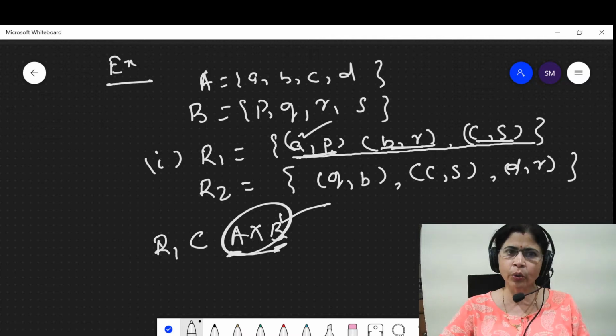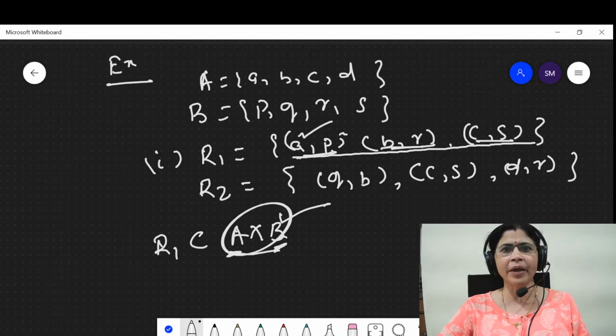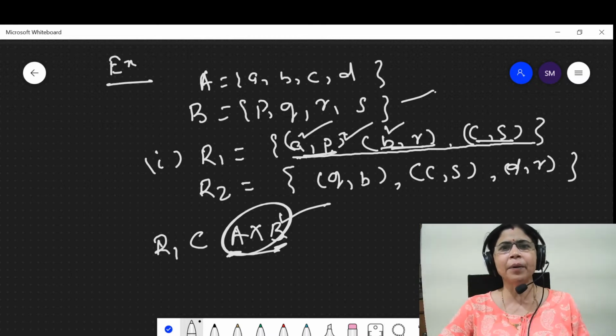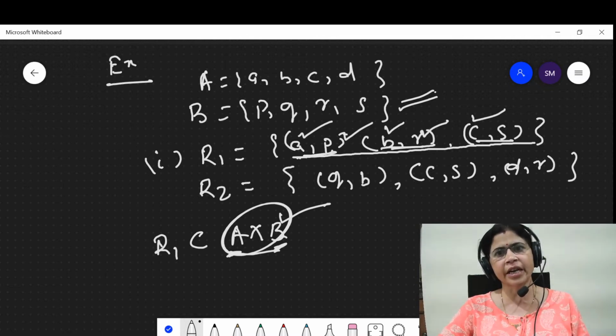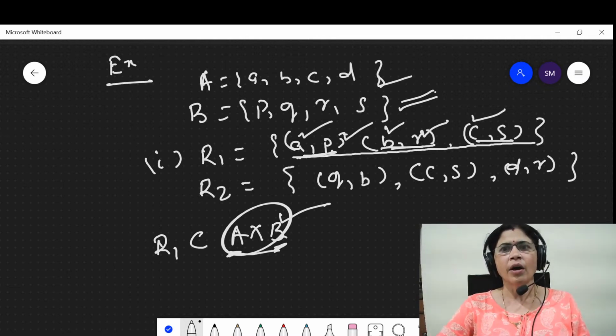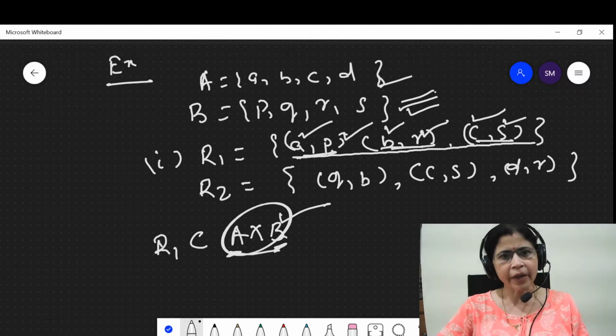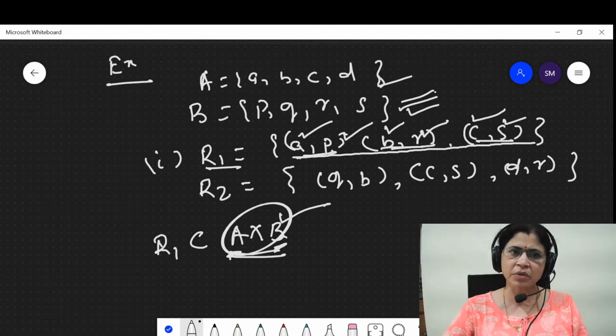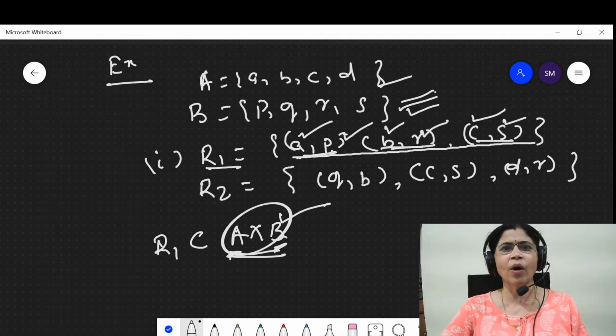A belongs to set A and P belongs to set B, and B belongs to set A and R belongs to set B, and C belongs to set A and S belongs to set B. This means R1 is a subset of A cross B. Yes, R1 is a relation.